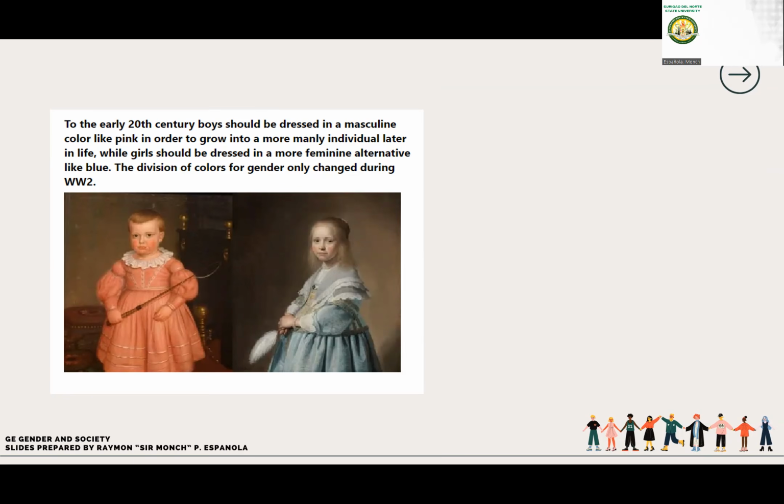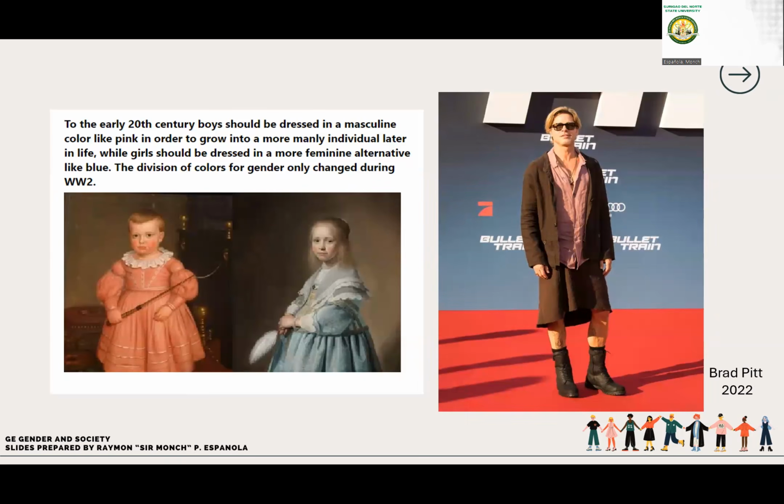So feminine ang blue before and masculine ang pink, but over time nag-change siya. So nahimo na karon nga feminine ang pink o ng mga Barbie, mga strong na mga pink, and wearing skirts.